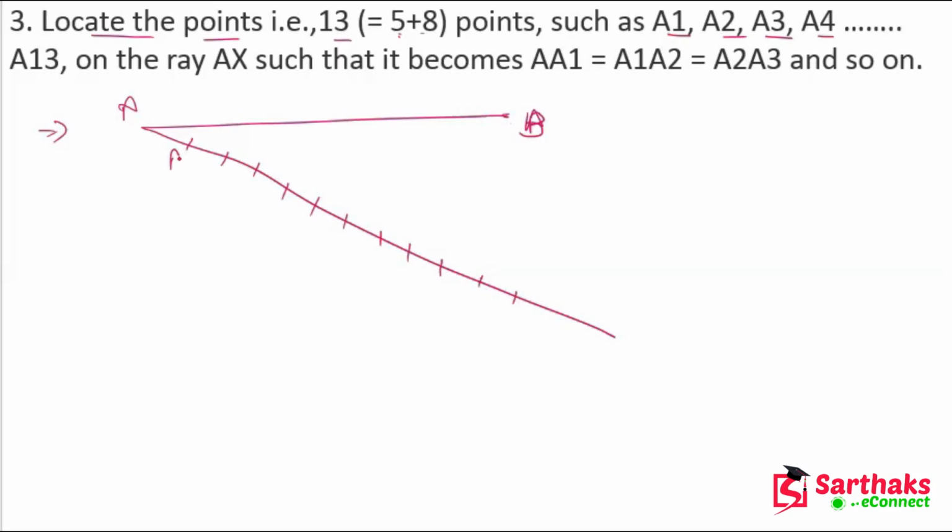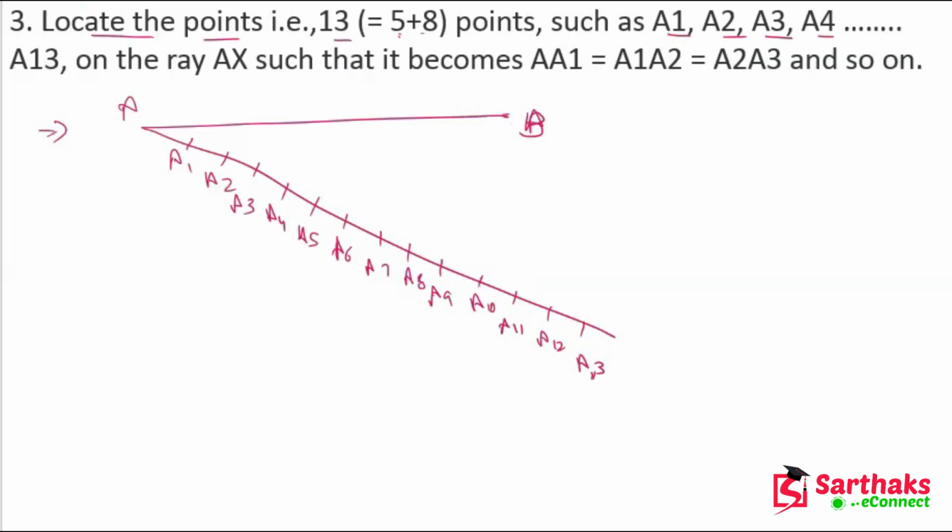So this is A1, A2, A3, A4, A5, A6, A7, A8, A9, A10 and A11, and then A12, and this is A13. So these points are at equal distance.